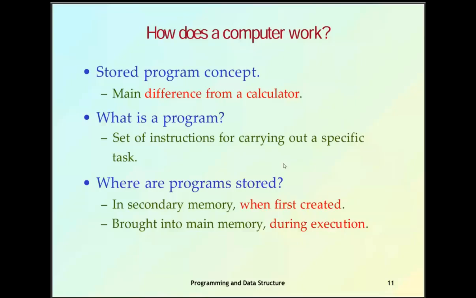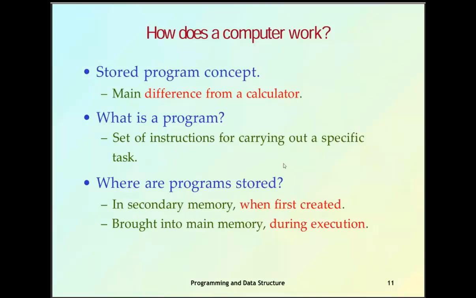Now, where are programs stored? This is a very important concept. Whenever we write a program, and we will write a small program today also, that particular program will first be stored in a secondary memory, in particular in our hard disk or permanent storage.